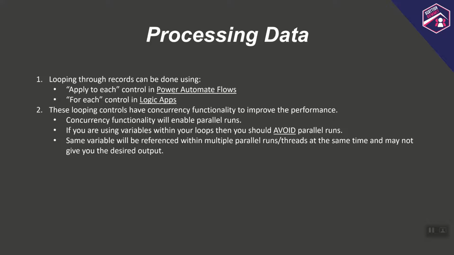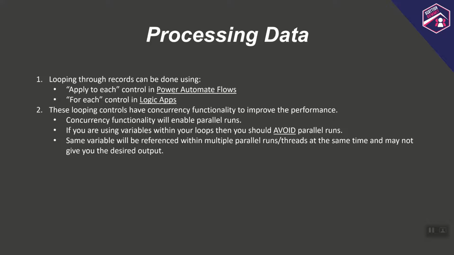It's because you can't define a variable within a loop. That functionality is not available in Power Automate or in Logic Apps. And because of that, if you use a variable and set it and reuse it within the loop control, and if you had set it to run in parallel, the same variable will get referenced at the same time in parallel runs.